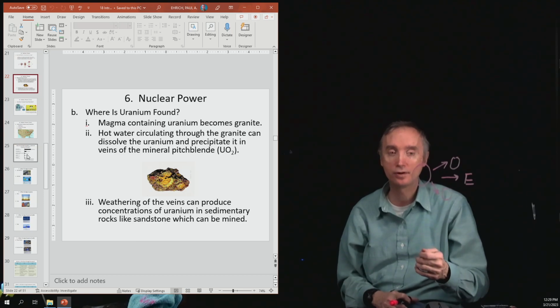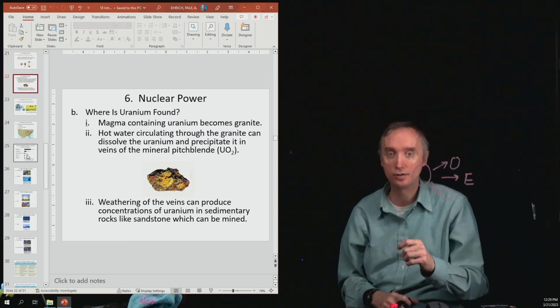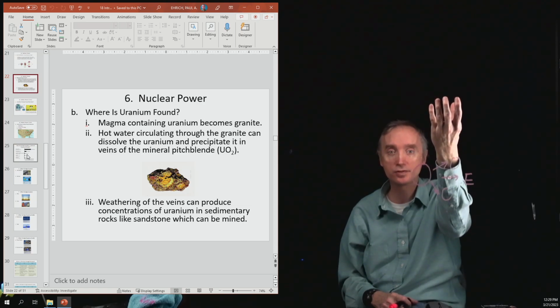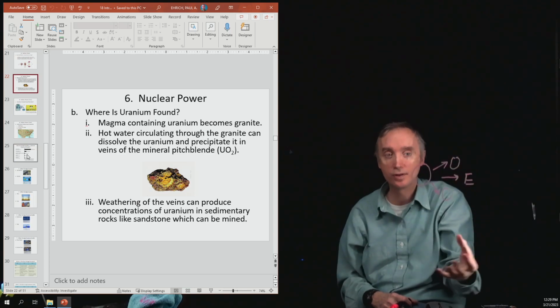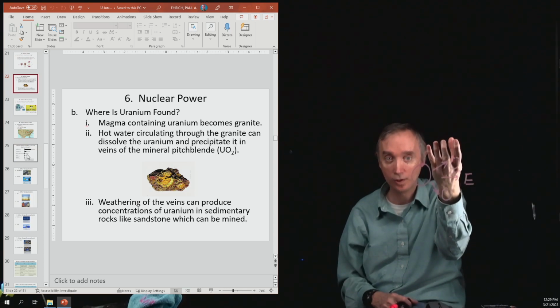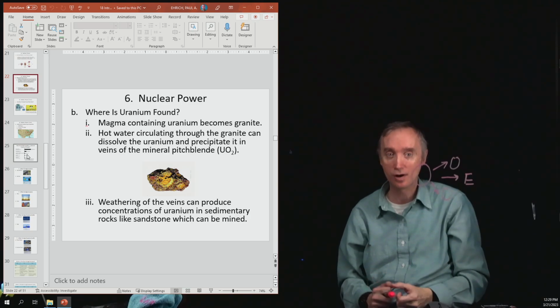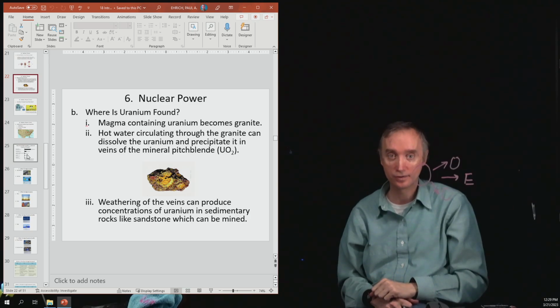One of the materials that's inside the Earth is uranium. And then magma coming up to the surface can carry some of these radioactive elements with it, and they can be incorporated into igneous rocks such as granite.